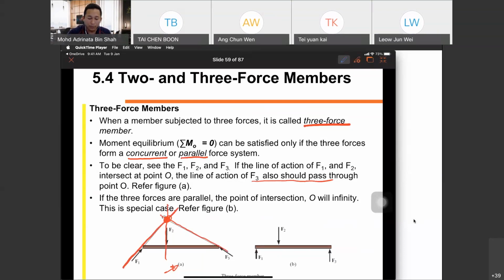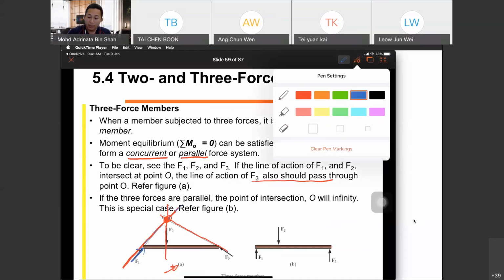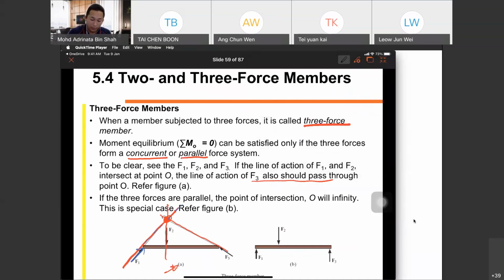If the action of the force is on the line through point O, you will have no moment. Moment is equal to 0. Next, if the three forces are parallel, the point of intersection O will be at infinity.